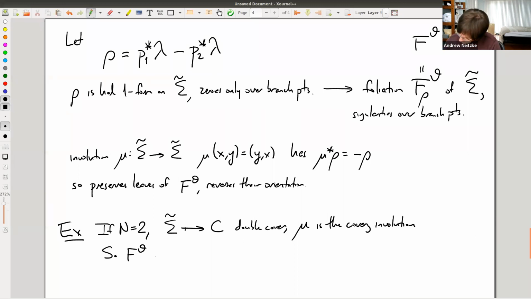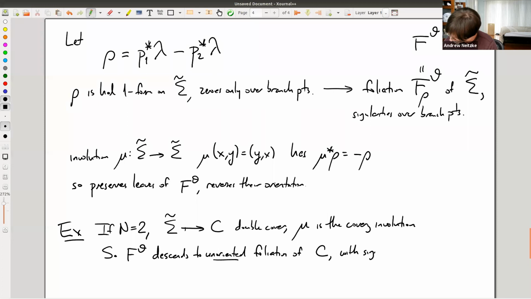So F theta descends to an unoriented foliation of C. Well, with singularities, so we said the singularities are going to be over the branch points of the covering.